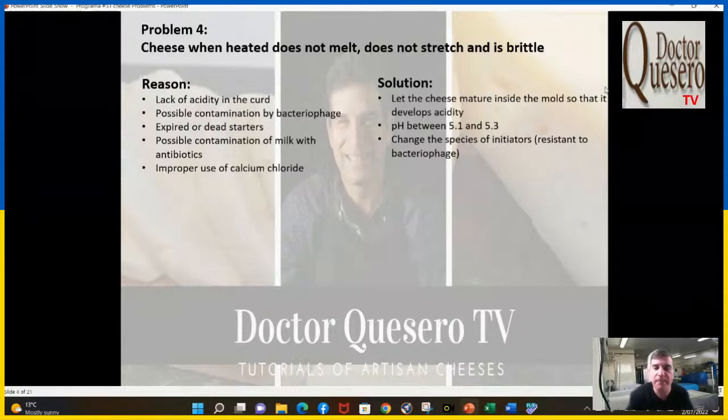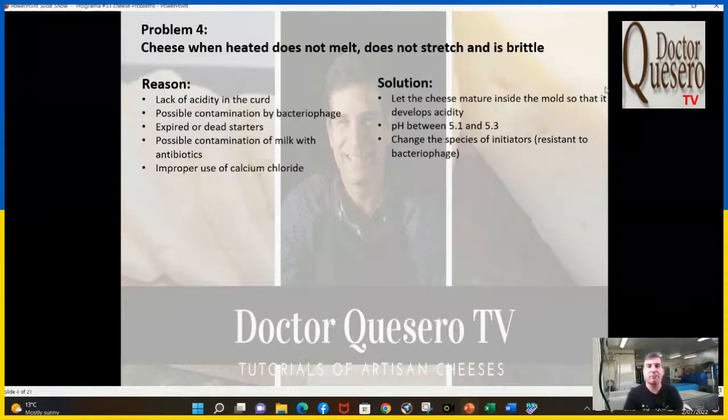It says here, another solution: change the species of initiator, which means the lactic culture. Sometimes when you are making cheese, you have bacteriophage in your milk, and you don't have the lactic acid that you need. So how to avoid it? Change the culture.